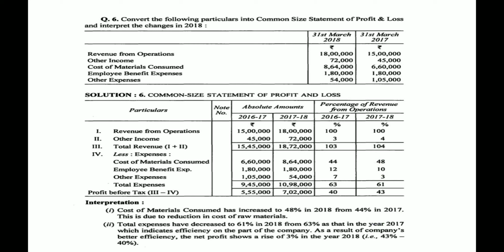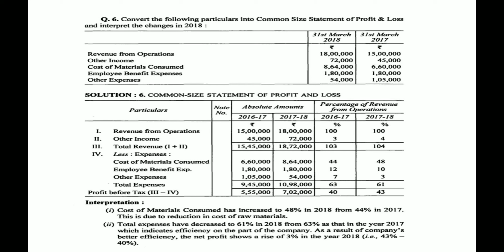So why is it increased? Because there is reduction in cost of raw material, because some cost of raw material is reduced, so we consume more raw materials, right? The total expenses have decreased to 61% in 2018 from 63%.